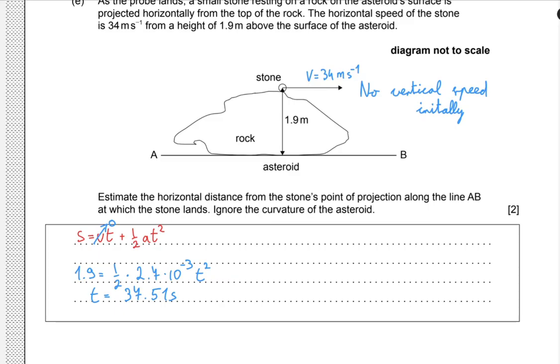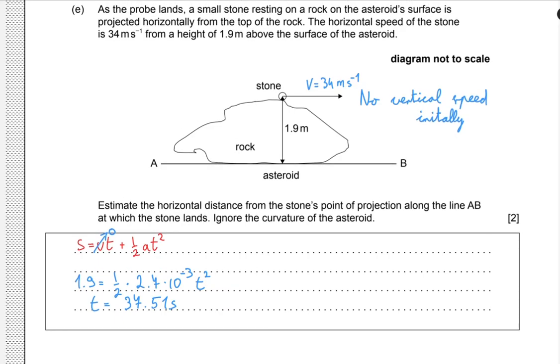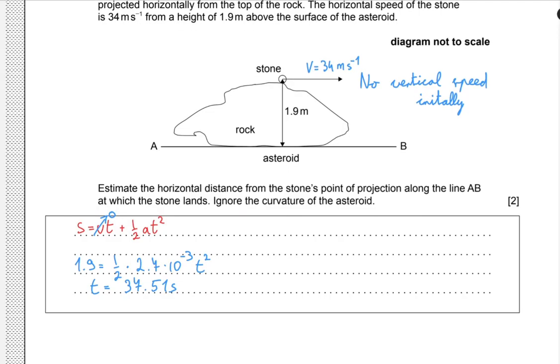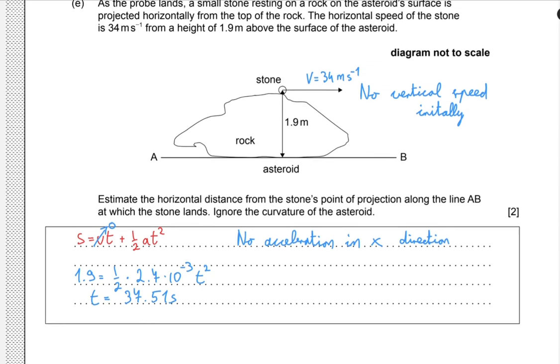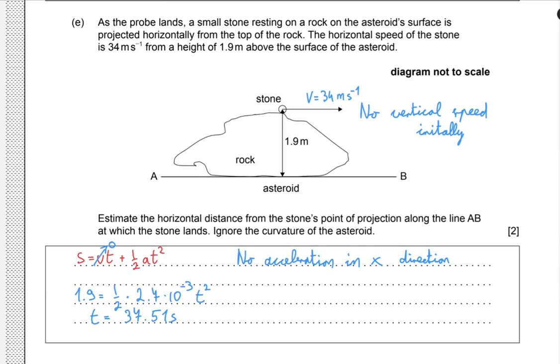Now we are just one step away, as we know the time it took to land, and we also know the speed that it is going horizontally. So what's important to see here is that we have no acceleration in the x direction, which means that it's not going to be slowing down whatsoever, as there is no air resistance in this problem.